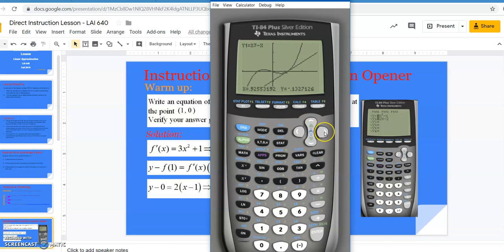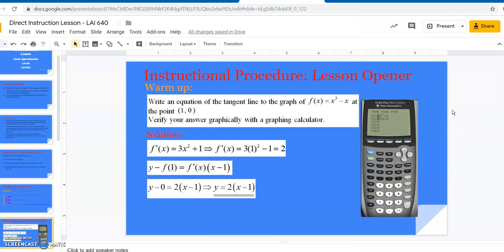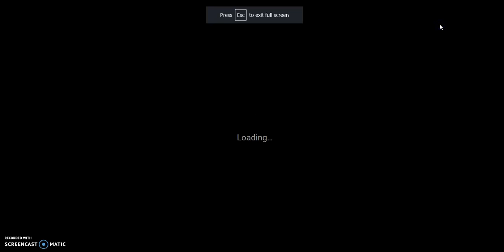With our arrows, we can go close enough to the point of tangency. If we trace at 1, the output gives us 0, which confirms the point of tangency given in the question, (1, 0), also shows on the graph. Okay, now we get back to our slides.